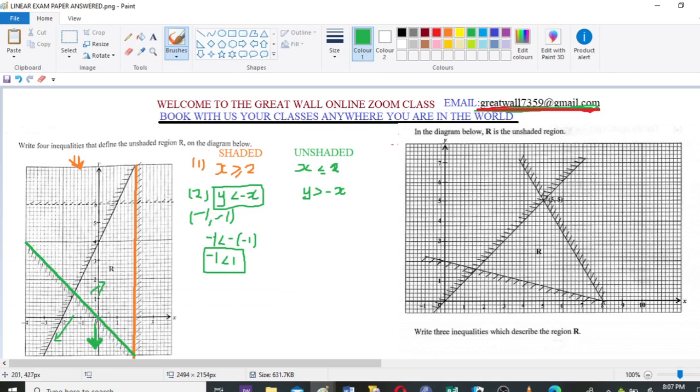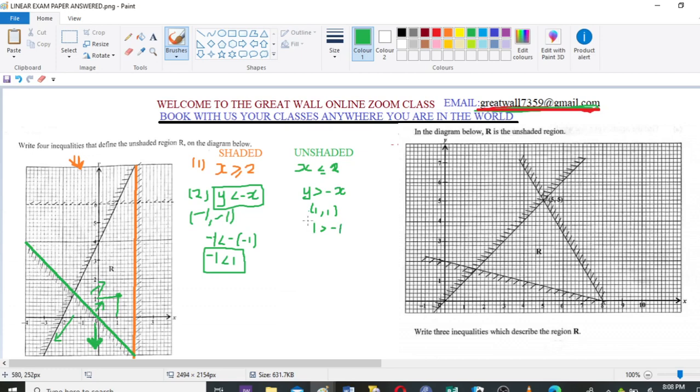Let's say we pick any two values on top, say 1 comma 1, which meet in this region inside, that is the unshaded. If we pick positive 1 comma 1, we want to test if these are in agreement. Where there is y, we substitute positive 1, so we have 1 is greater than negative of the value of x, which is 1.